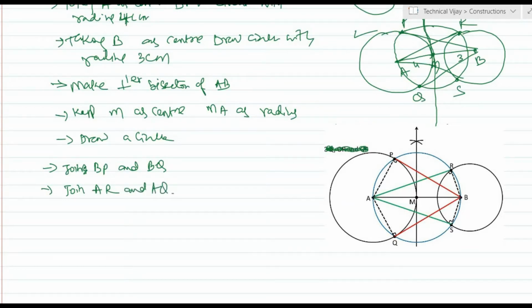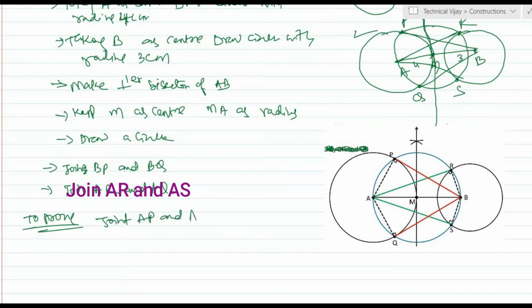How to prove these are tangents? Join AP and AQ.